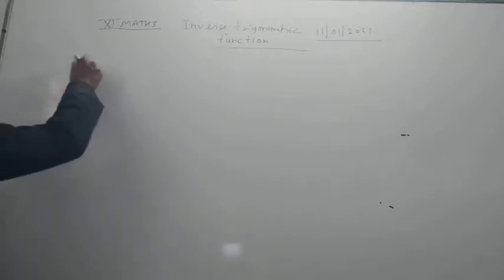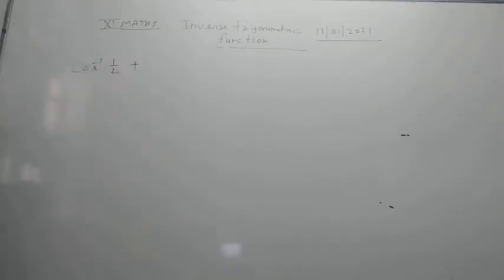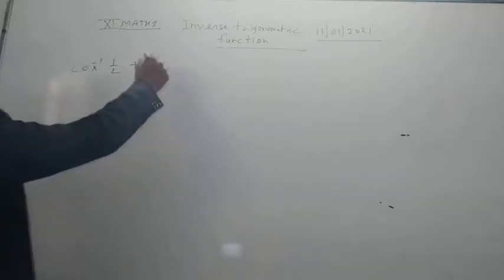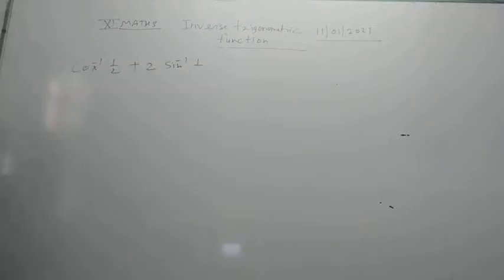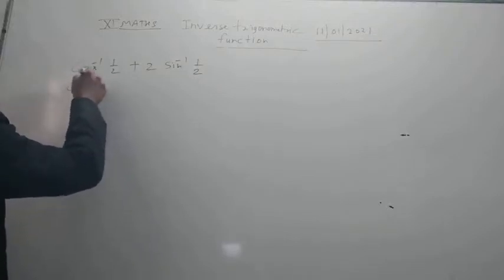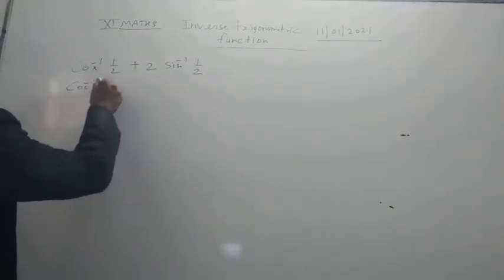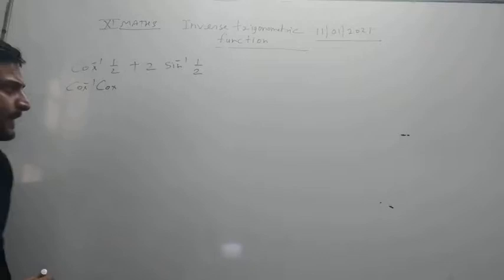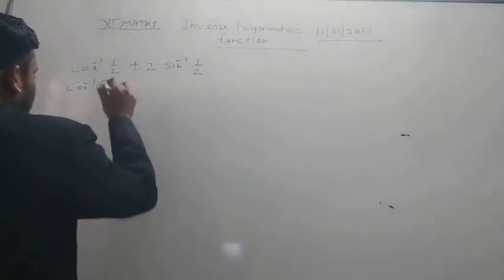Our next question is cos inverse 1 by 2 plus 2 sin inverse 1 by 2. Okay, student. Now this part, student, we can write cos inverse 1 by 2. So this is cos 60, and 60 lies in the principal value branch, so we write pi by 3.